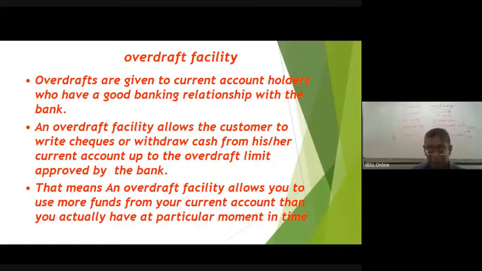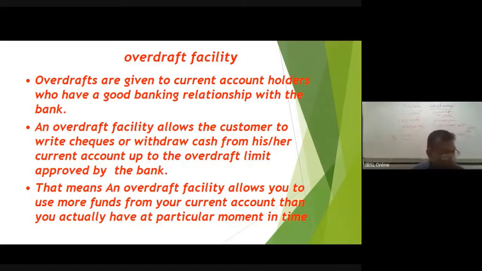Suppose you are given a 20-year housing loan, you can't go and ask for the money back early, that is not possible. Only for overdraft can you have that facility. Therefore, the fourth point is overdrafts are payable on demand.